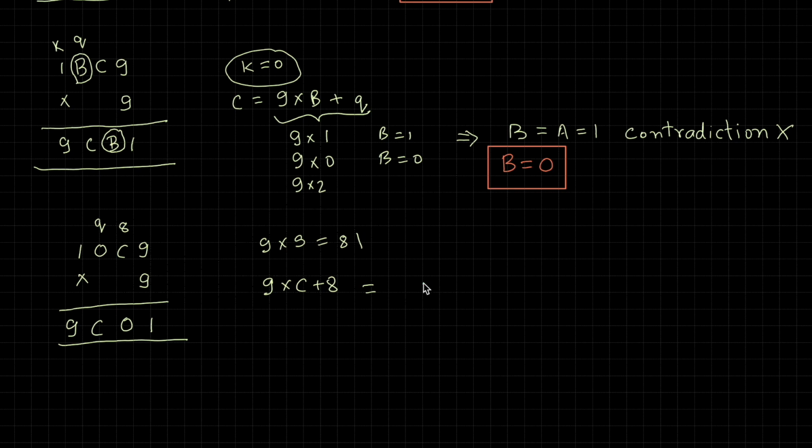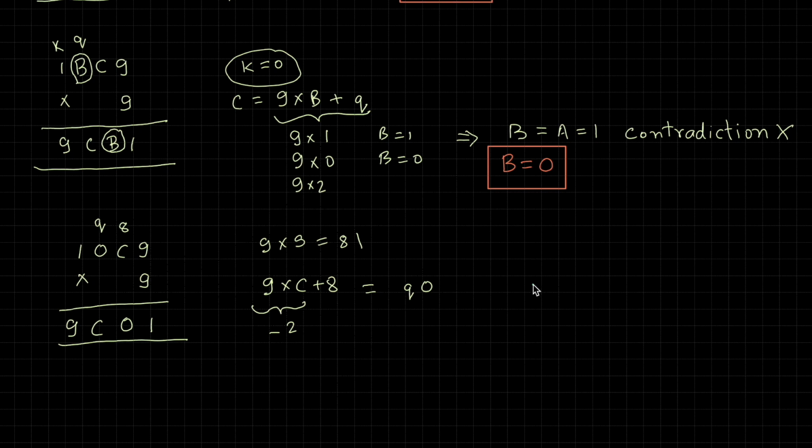We know this leads to a bottom digit of 0 and a carry out of Q. Which values of C can lead to a bottom digit of 0 from this operation? 9 times C has to end in a 2 such that 2 plus 8 will then give a 0 at the bottom.